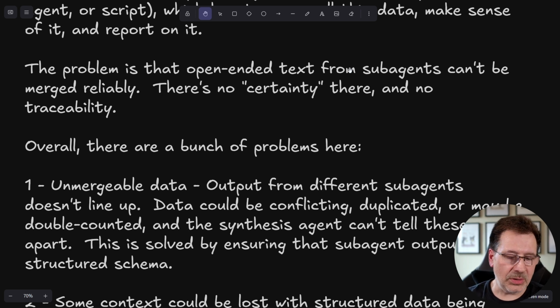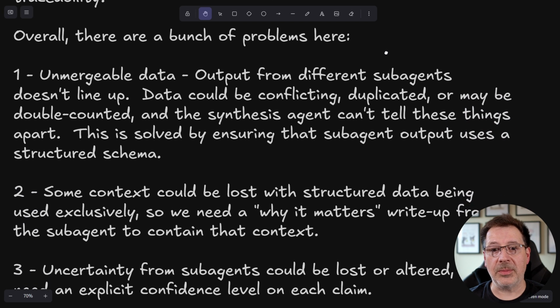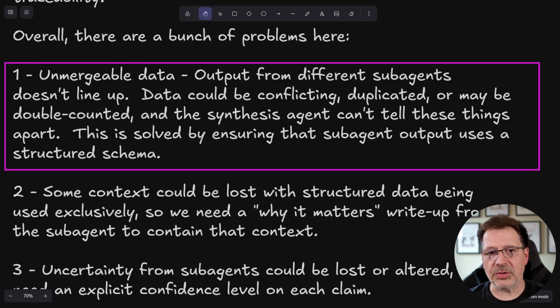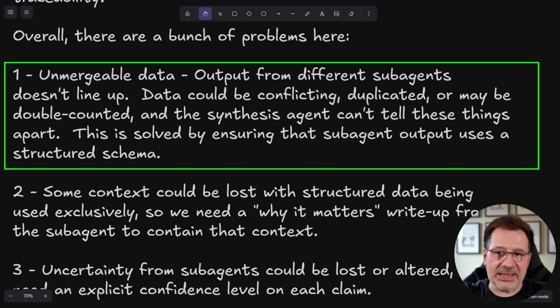For example, two subagents may review the same file and arrive at a slightly different conclusion. So which one do you go with? There are basically lots of problems that we can look at from this example. So the first one is this unmergeable data, exactly like I said.